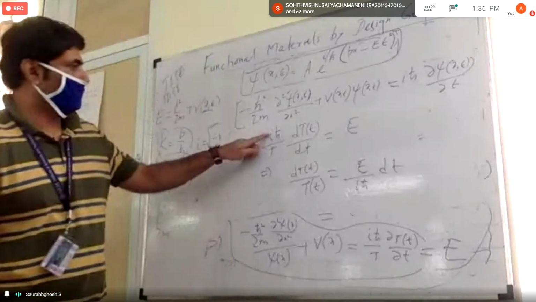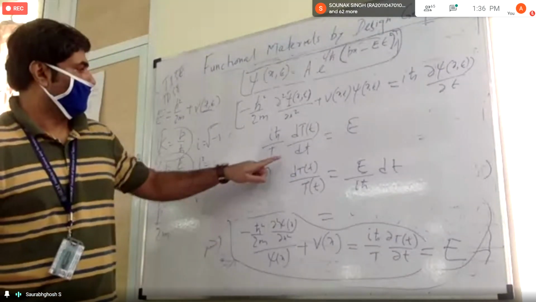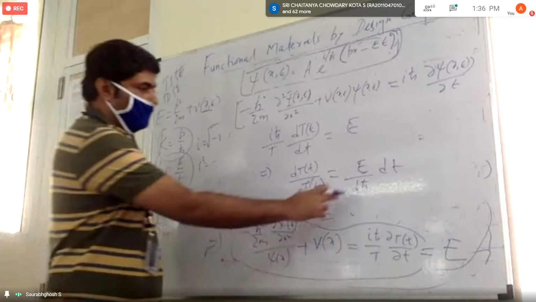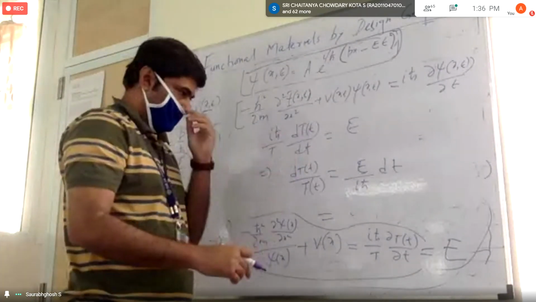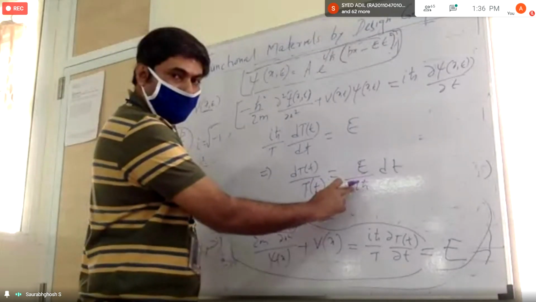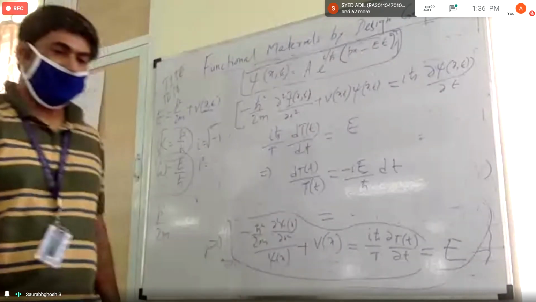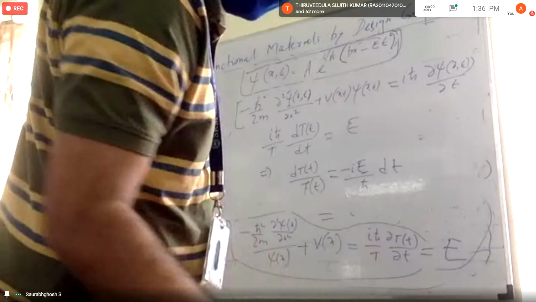Okay, so this goes down and this goes here. Now in the i h cut, you multiply by i. So this is i, this is i squared becomes minus 1, so you get minus i by h cut.